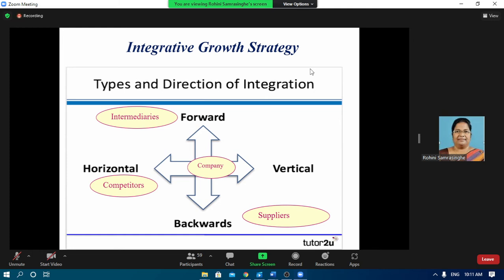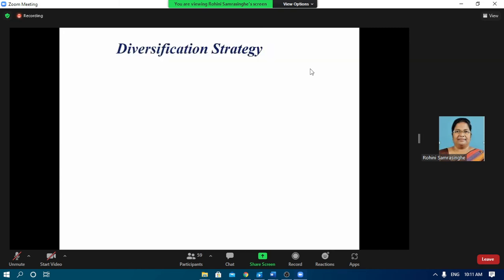If there are no further sources or maybe further chances to consider the integrative strategy, they must consider the diversification strategy. But why do we need a diversification strategy? There is no room for further strategies applied under the integrative or intensive strategy. Then we move into the diversification strategy.